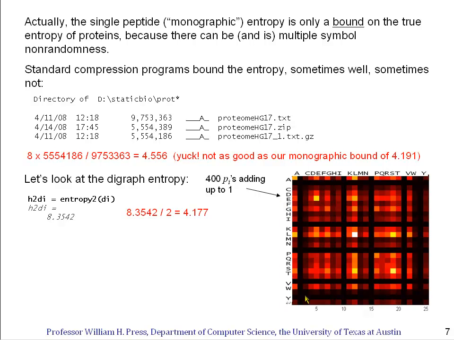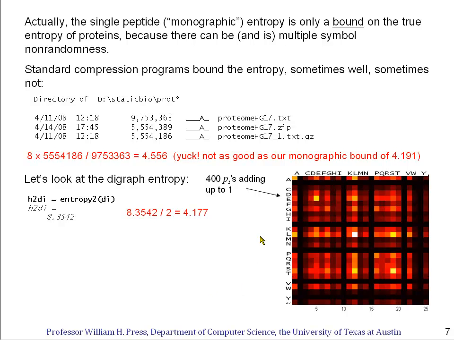So you can see from the heat map that the most common digraph is L, our friend leucine, followed by L. But another common one would be L up here, followed by S, serine, down here. Whereas C, for example, is pretty uncommon itself, so that C followed by almost anything has a small probability, as you can see from the dark colors of the heat map here. This is just a way of displaying the 400 numbers.